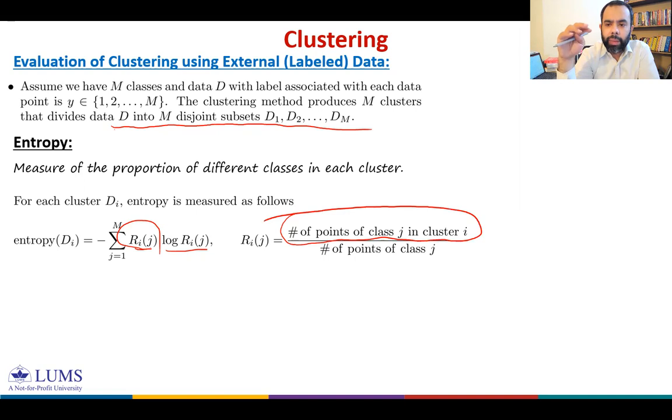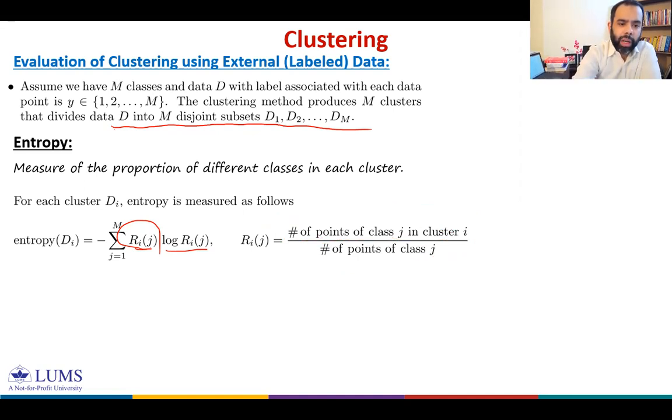So this is kind of evaluating mixing, right? That's the number of points that had the label of class j, but now they are falling in cluster i. Right? This is the ratio, divided by the number of points of class j. So this is a ratio. This is the proportion of data points that had the label of class j, but now they are in the cluster i. And that's how we measure entropy for each cluster.